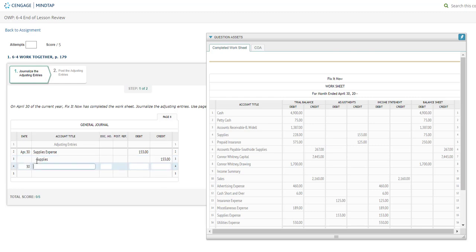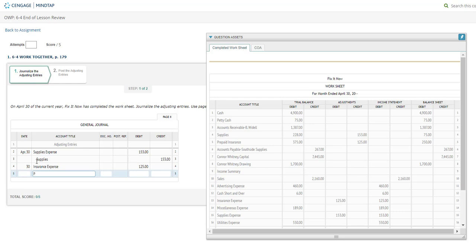And then we'll do the same thing for your insurance, the prepaid insurance and insurance expense. And we adjusted the prepaid insurance by $125, which gave us an insurance expense of $125.